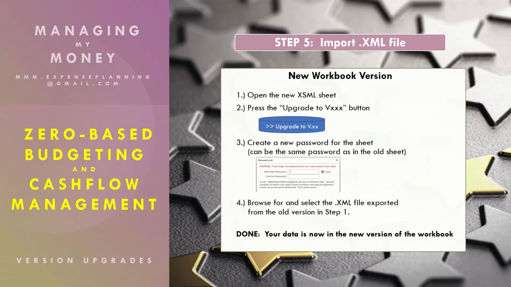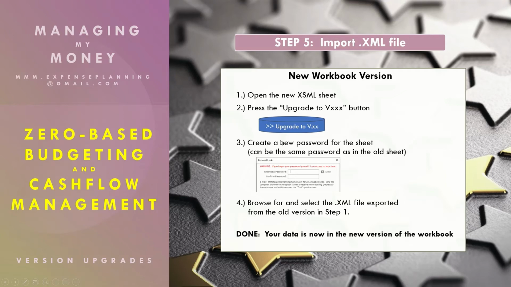Okay, so step 5 is now to import the XML file. You import the XML file very similar to the way you exported it. In this case, you'll close the old sheet, you'll open the new sheet, and on the home screen, right at the same place where you saw the export button, you'll now see a button called upgrade to version x.xx, whatever the new version is.